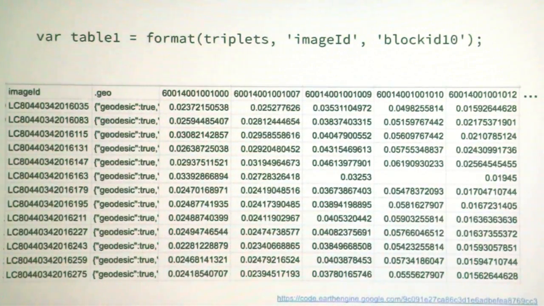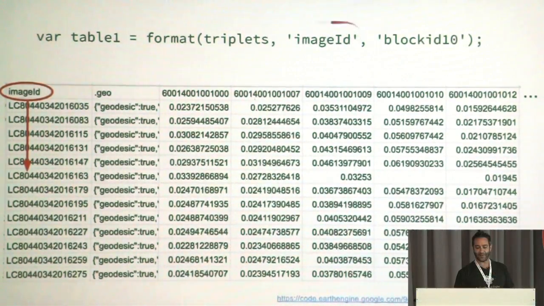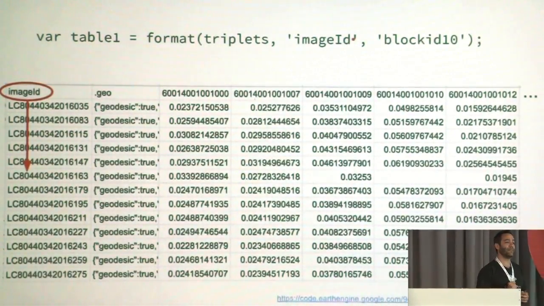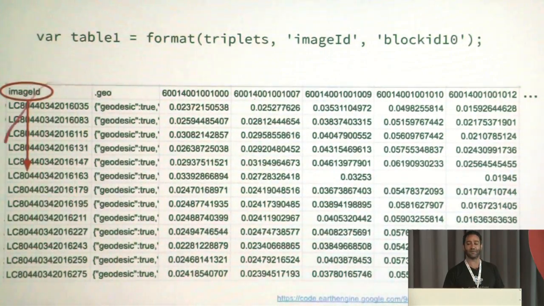But let me just give you a sense of what comes out the other end. First, there is the image ID. If we specify the image ID as the row ID to that function that I just showed you, it's going to take the image IDs and arrange those in the rows of this table.